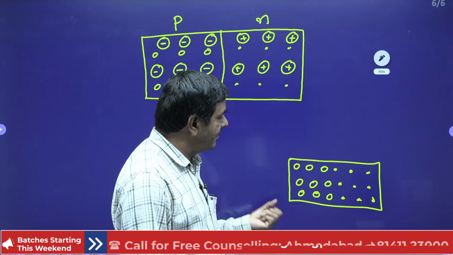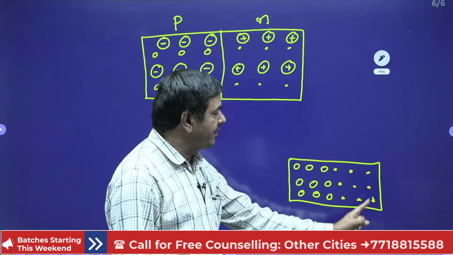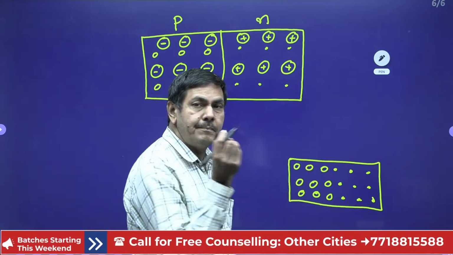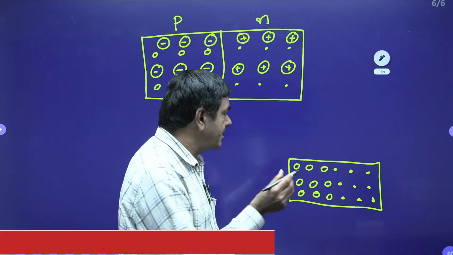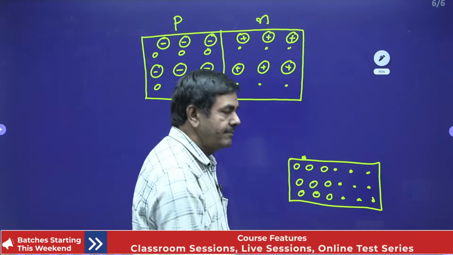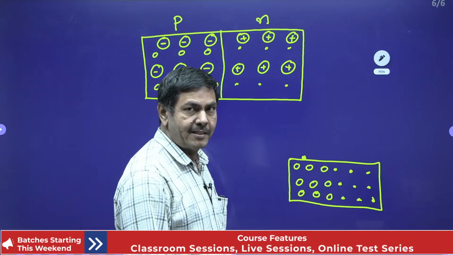Sir, how does the diffusion mechanism work? It is very simple. You take the intrinsic semiconductor, and the p-type extrinsic semiconductor material is just dropped on the surface. P-type material is dropped on the intrinsic semiconductor.